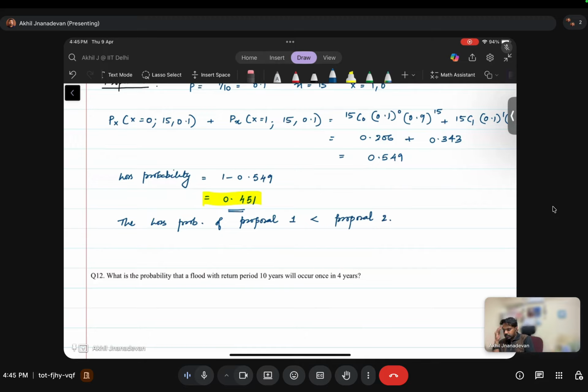No, that is not right. The more economical proposal is proposal 2.